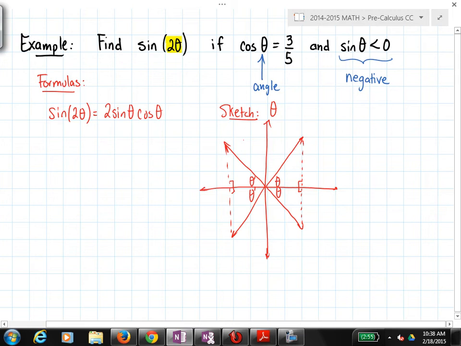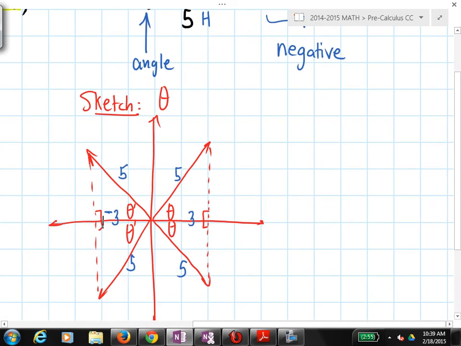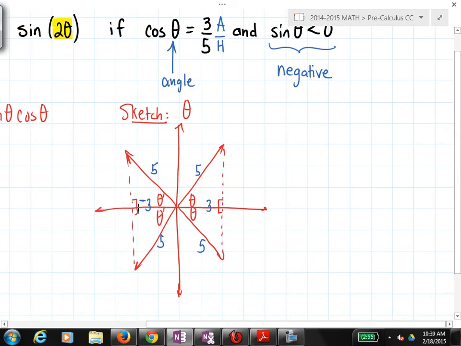Since I don't know where theta is, I have to use this criteria to help me figure where it's at. So cosine is adjacent over hypotenuse. So on my pictures, I have to label adjacent 3, hypotenuse 5. Now based on the location, this 3 has to be negative. And now, what does that mean? If this side is negative, what can I do to these two quadrants?